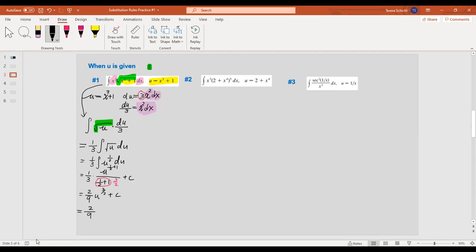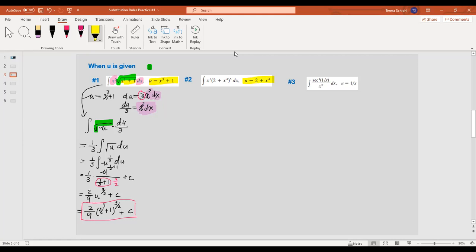You need to substitute back. u is x cubed plus 1, and this is to the 3/2 plus c. Like we talked about, you can always take the derivative of this to check if you get back to your original integral or not.